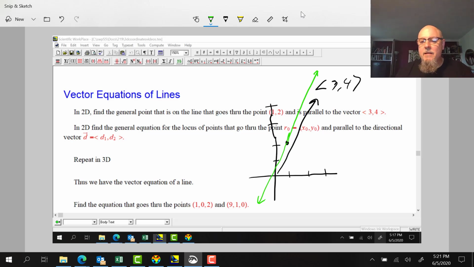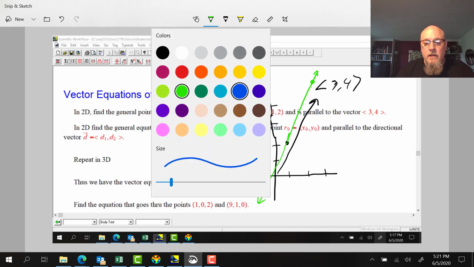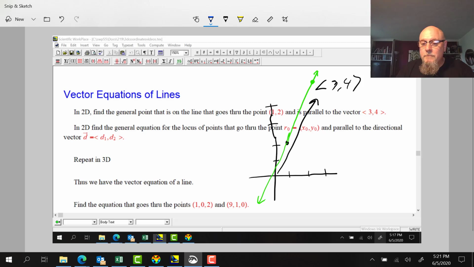Now how do I get to any point? Let's say, how do I get to this point? To get to this point, all I need to do is start at (0, 0), go to the point I want to get to, that's the point (1, 2), and now I'm on the line. But I can move along the line by taking multiples of <3, 4>.